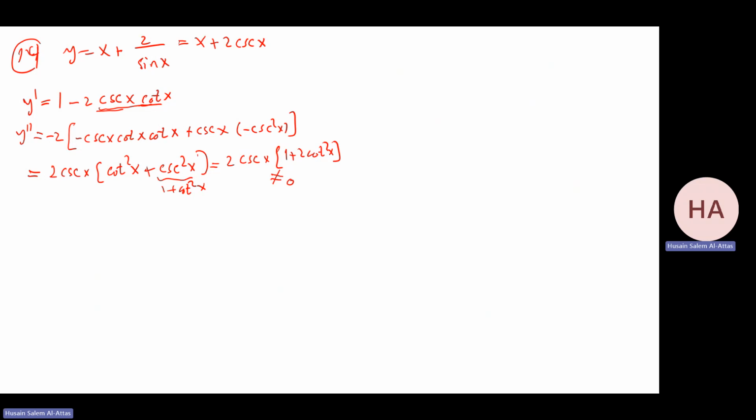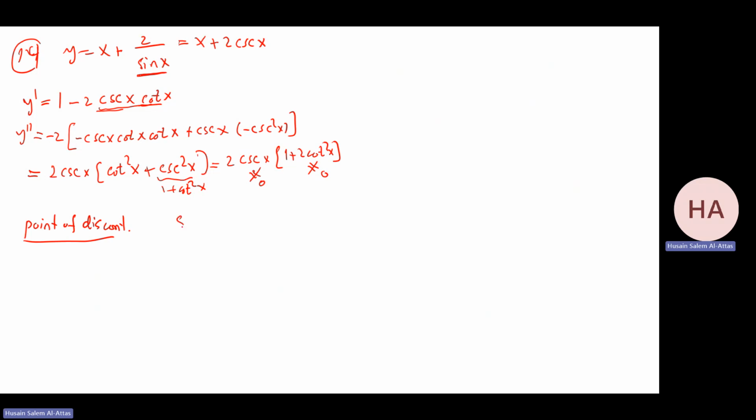Okay. But be careful. When you have this, I need to avoid sin x equals 0. So this is impossible to be 0. This is always non-zero. But be careful. The points of discontinuity are what?